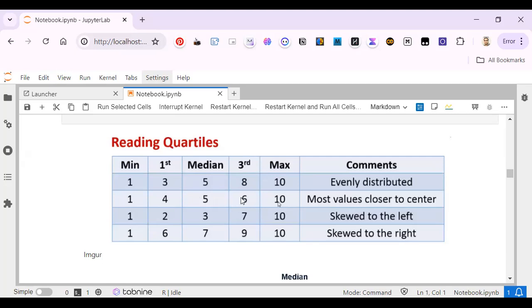I'm explaining these examples with simple numbers, but in other cases, maybe 1,000 students have marks, and the last is something like 98 or 100 marks.